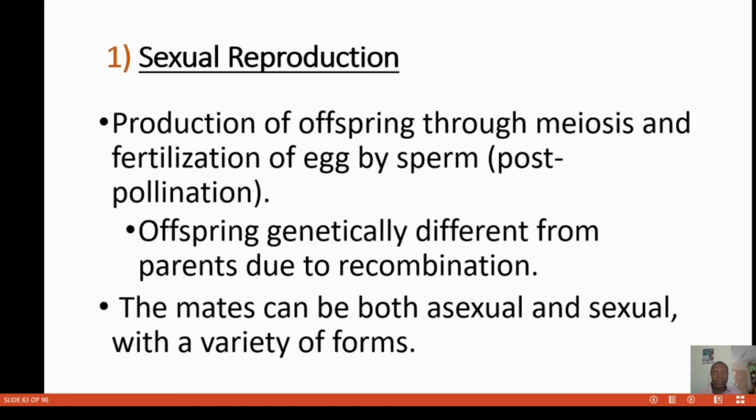And here in the sexual reproduction, we expect the offspring to be genetically different from parents due to recombination. And this is very important because when the offspring are genetically different from the parents, then they constitute a variation across the offspring.